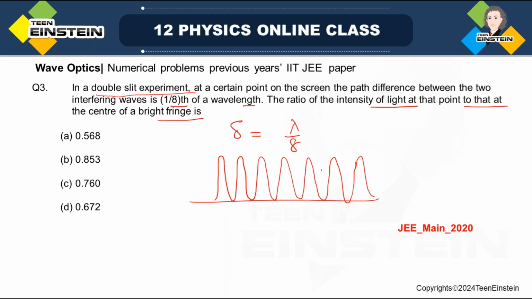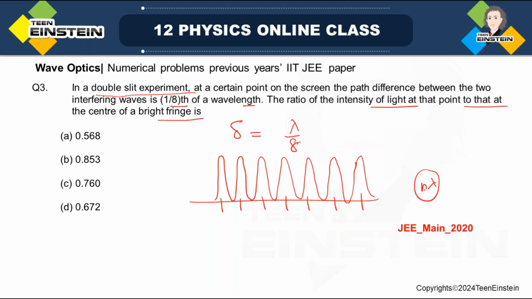These are bright fringes, and these are at n lambda, so an integral multiple of lambda.